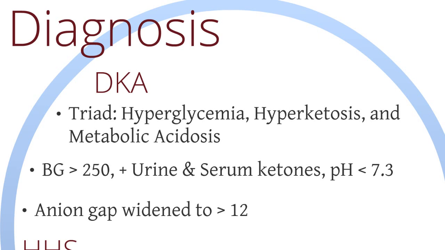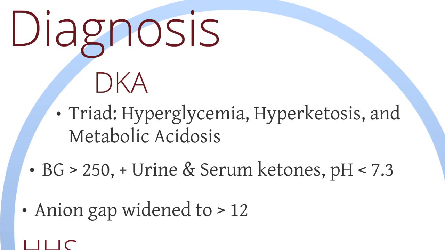We calculate an anion gap by adding chloride plus bicarb and subtracting that from the total serum sodium. Normally the anion gap is less than 12. In summary, remember the triad of hyperglycemia, hyperketosis, and metabolic acidosis, as these are the key features that will help you differentiate DKA from HHS, help you diagnose DKA in patients.